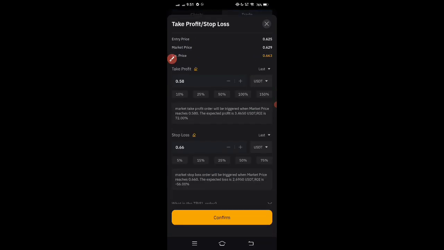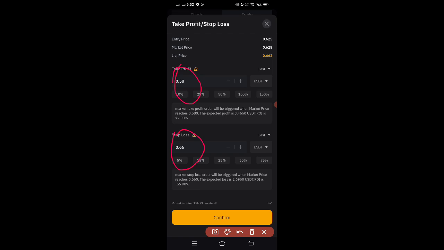So when you click on that, this is the initial take profit. As you can see, that is 0.58. That's take profit. The stop loss is 0.66, right?